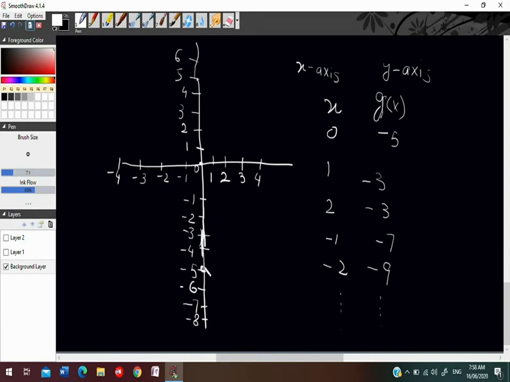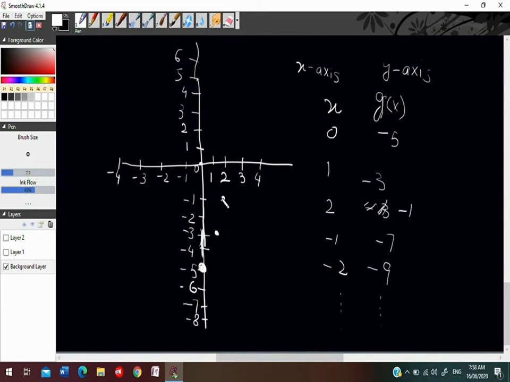And when x is equal to 1, g of x is minus 3. And when x is 2, g of x is minus 1, right? This is our third value.